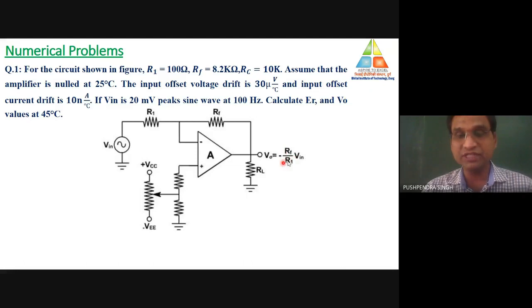Now the output voltage will not be minus RF by R1 into Vin, but something other than this. Whatever voltage is going to be added or reduced, either positive or negative, that is nothing but the error voltage.